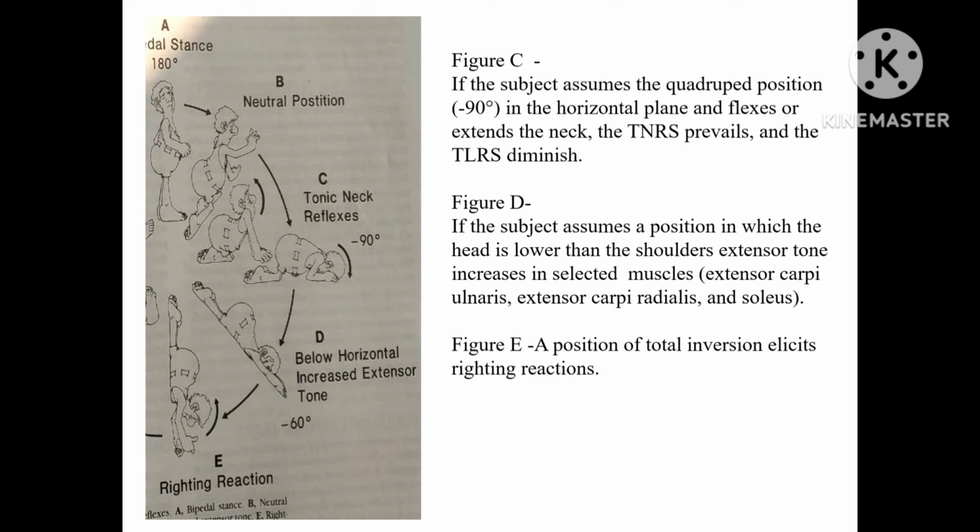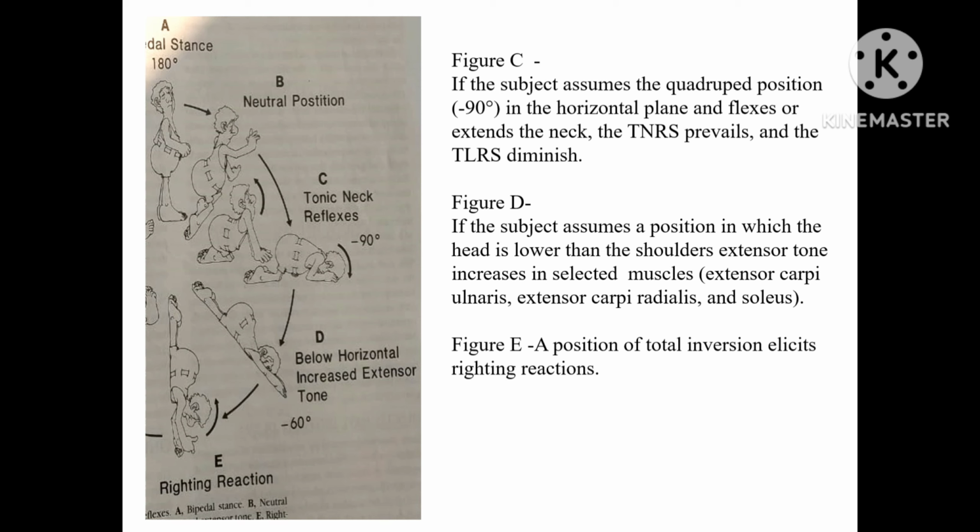Starting with position C, the patient assumes a quadruped position. In position C, if the baby moves the neck in flexion or extension, on the basis of TNR there will be an upper extremity and lower extremity response of flexion and extension, as we discussed.